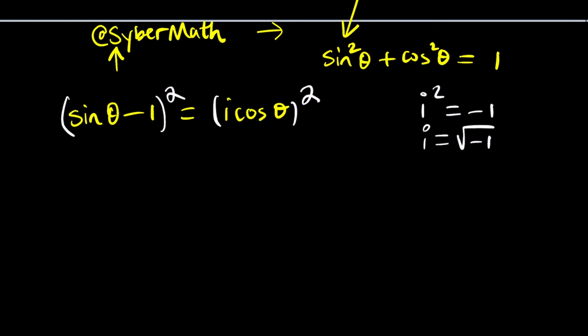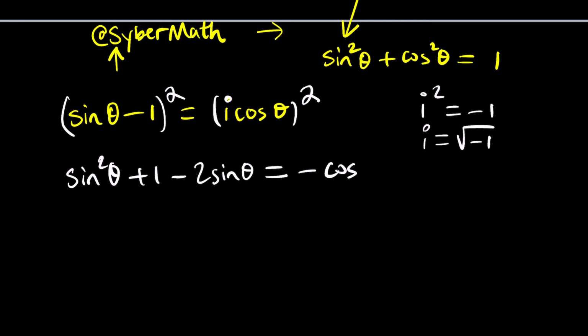Okay? So if you square both sides here, the left-hand side gives us sine squared theta plus 1 minus 2 sine theta. That's how I usually expand it. On the right-hand side, we have to be careful. i squared is -1, so this is going to give us negative cosine squared theta.